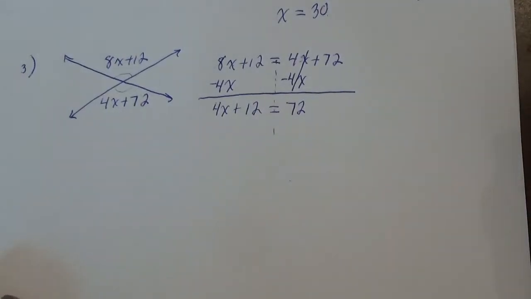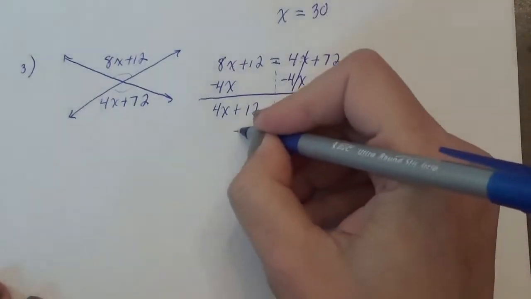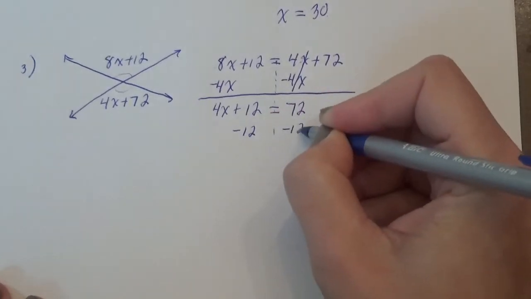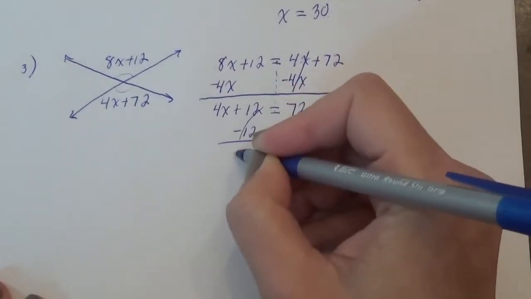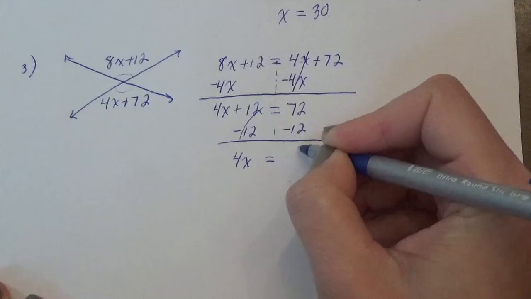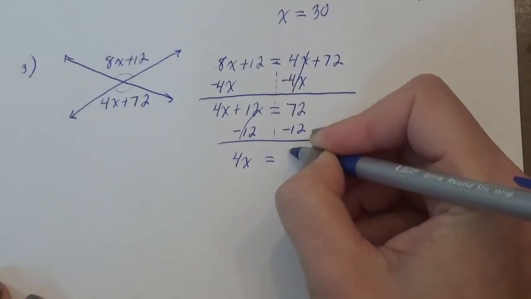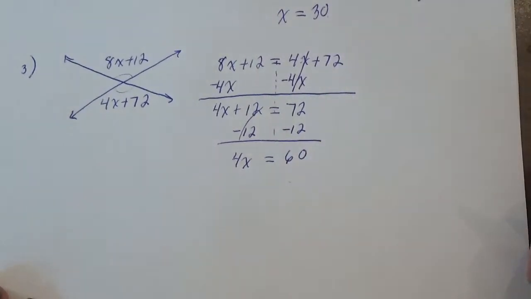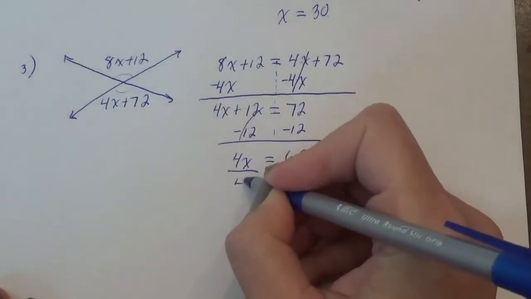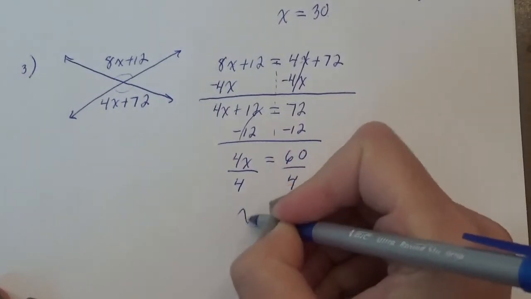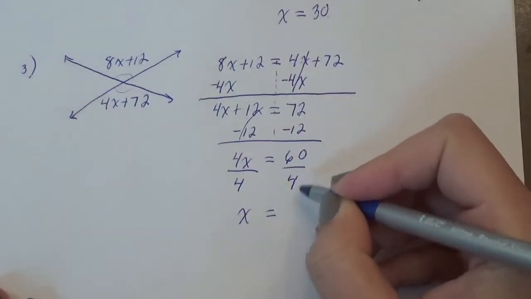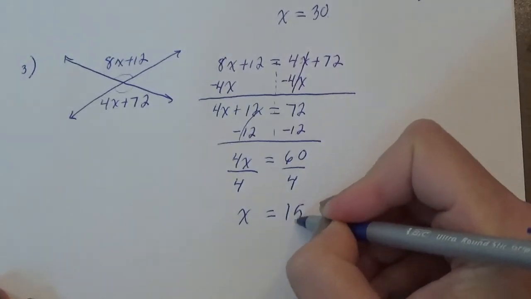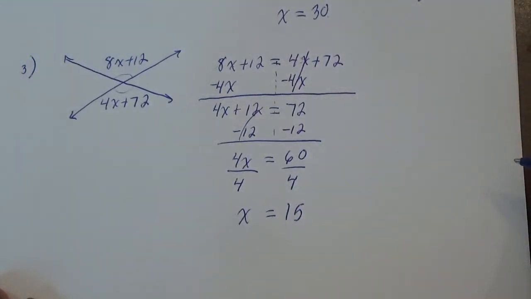From here, we should be good to go. Subtract the 12. I've got 4x equals 60. Check my math. Divide by 4. 60 divided by 4 should be 15.